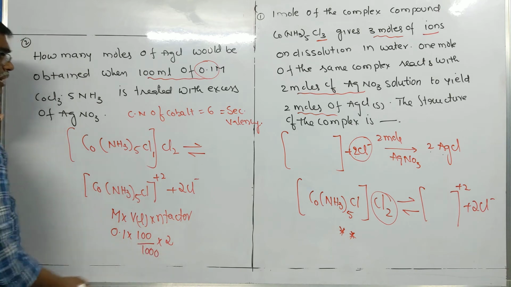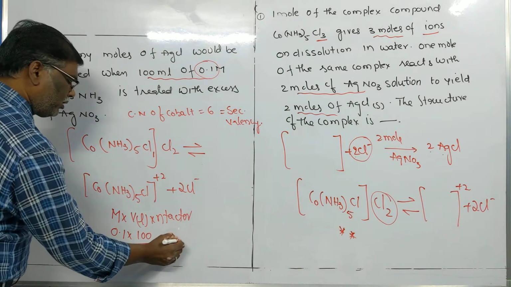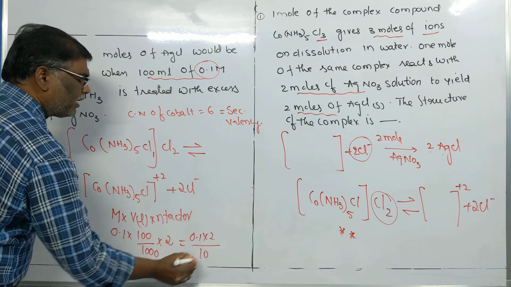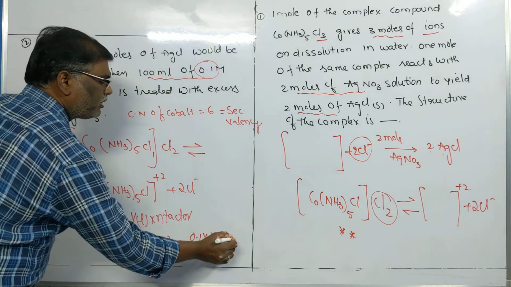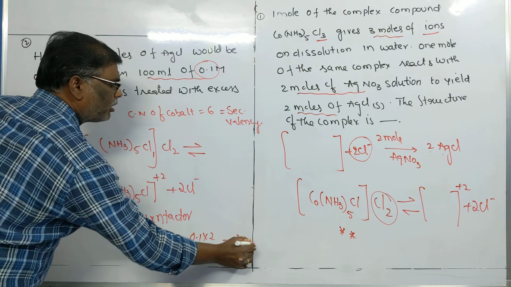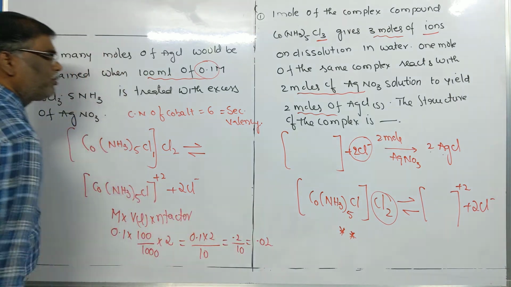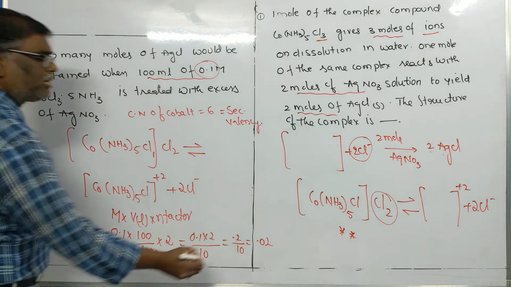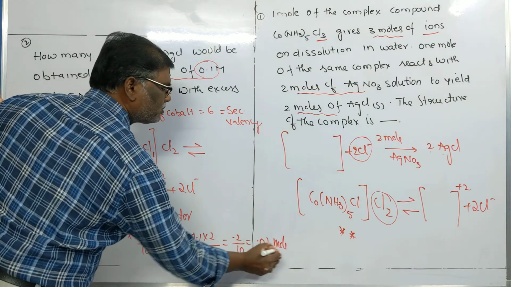On simplification we get 0.1 into 2 by 10, which is 0.2 by 10, or 0.02. So 0.02 moles of AgCl is formed.